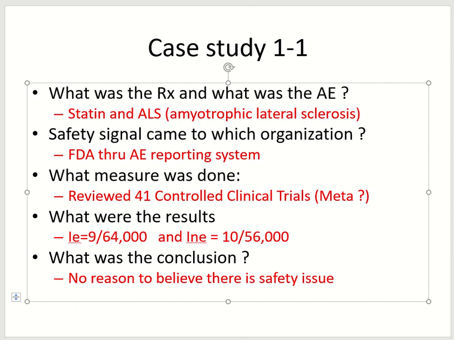After the review, they found that out of the 64,000 on statins, only 9 patients had ALS, and therefore we call this the incidence in the exposed. Whereas in the 56,000 not on statins, 10 individuals developed ALS, and therefore we call this the incidence in the not exposed. When you compare these two incidence rates, it becomes very obvious that there's no reason to believe that there was actually a safety issue.